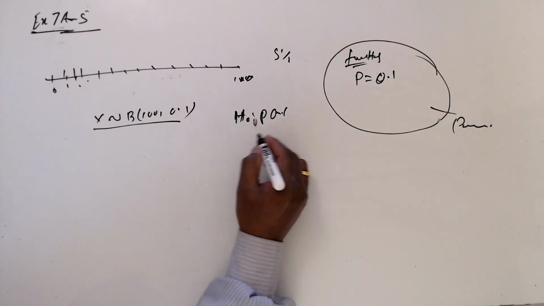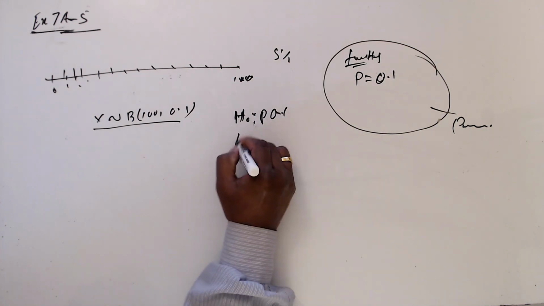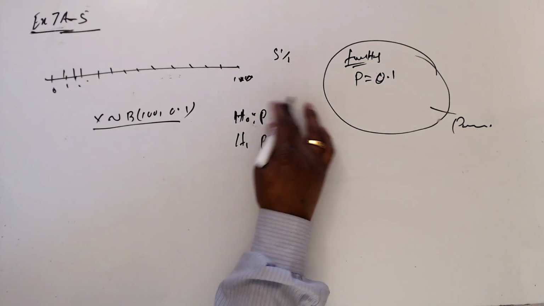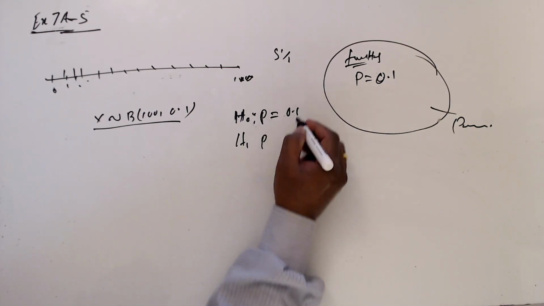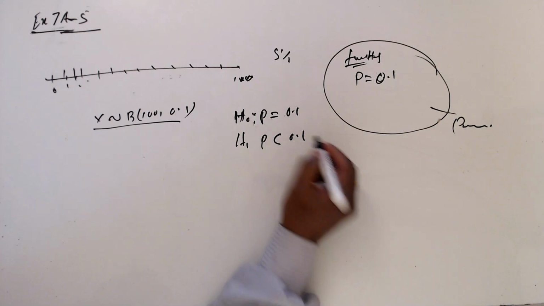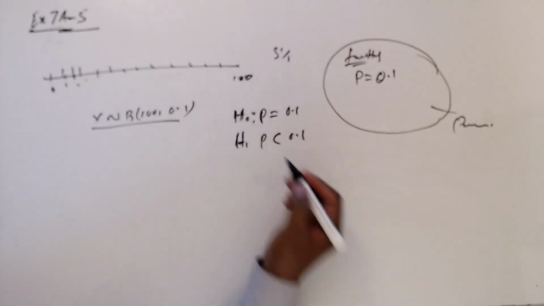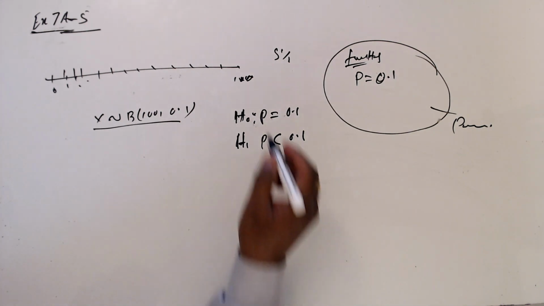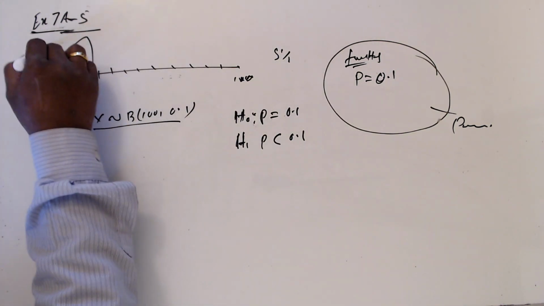It means this amount is getting lower. So H1 is probability less than 0.1. This is the null hypothesis, and the threshold is 5% here.